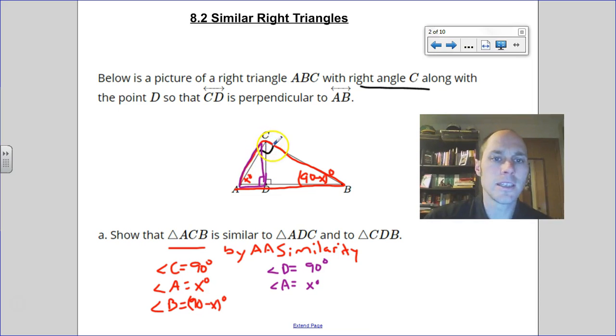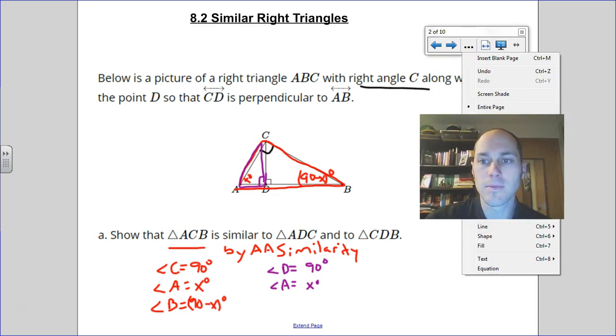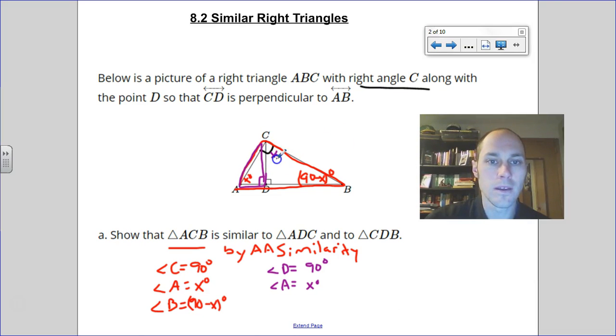And since this is a right angle here, if this were X degrees, that would make this 90 minus X because it's complementary. Those two angles add up to form the right angle. So angle C in that triangle would be 90 minus X. So there we can see they have to be similar because all the angle measures are the same.